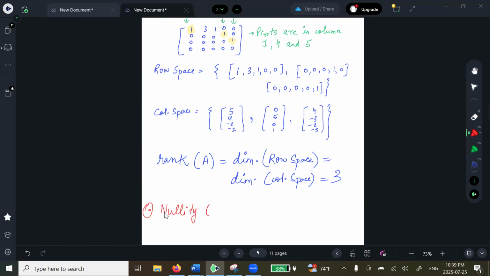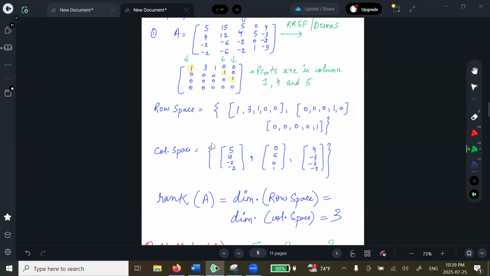Nullity of A. Well, first find out what is the nullity. It's the number of columns, which is 5, minus the rank, which is 2. That tells me 2 free variables. And if you recall from the first review video, the columns that have the pivot are not free.